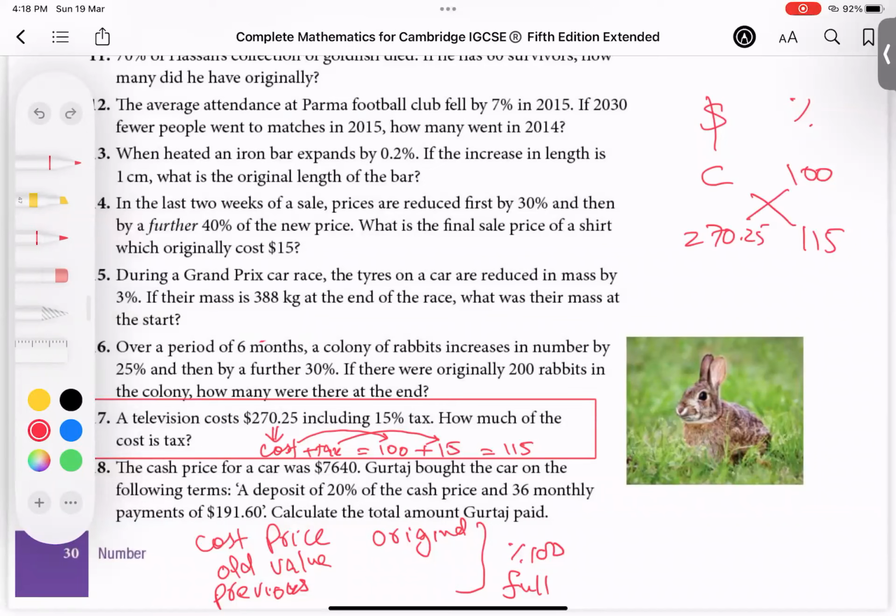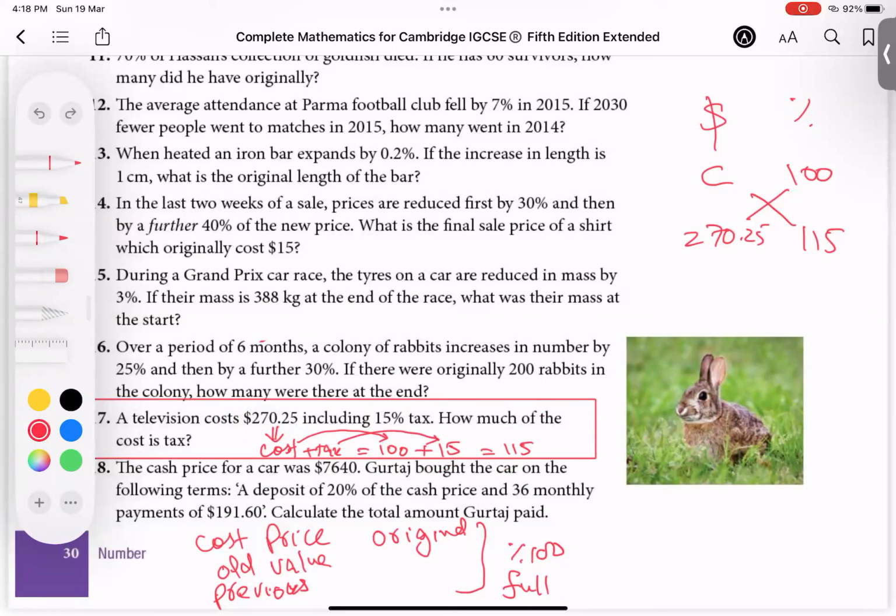If you say I got this amount including tax, it means 100 plus 15. Because including tax means the cost plus tax. So cost is always 100 and tax is 15, so this is equal to 115.